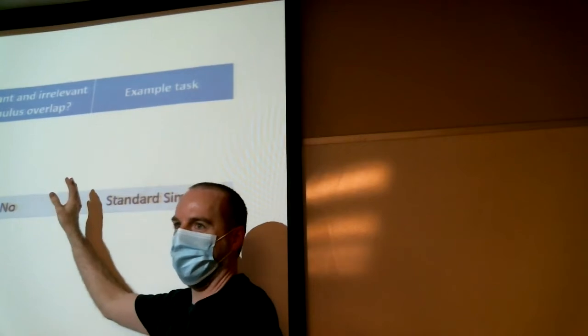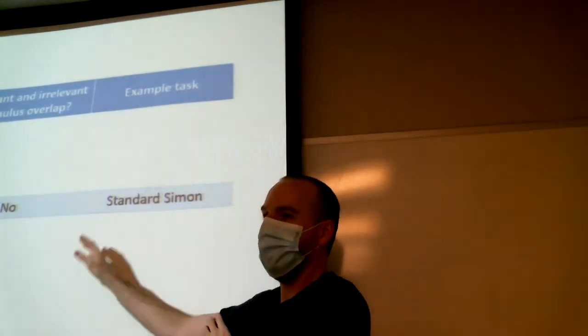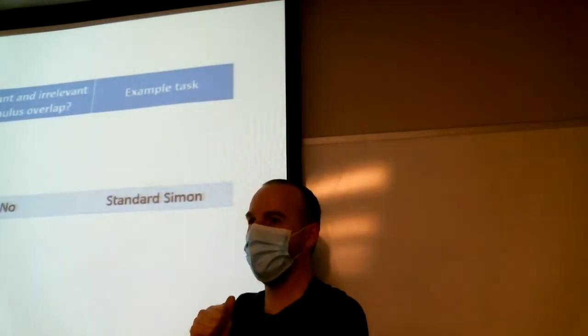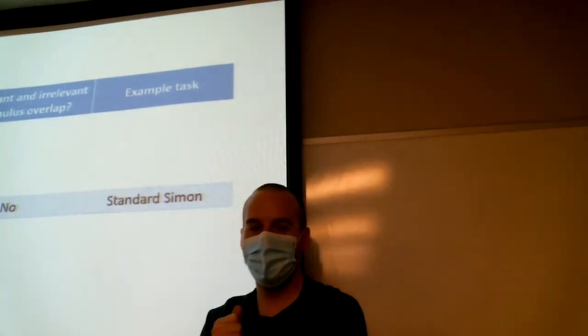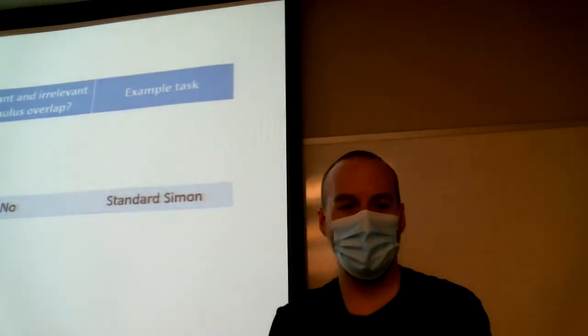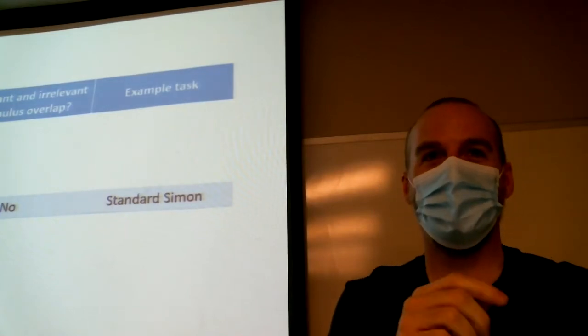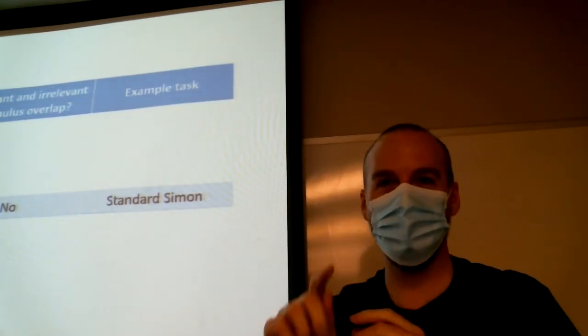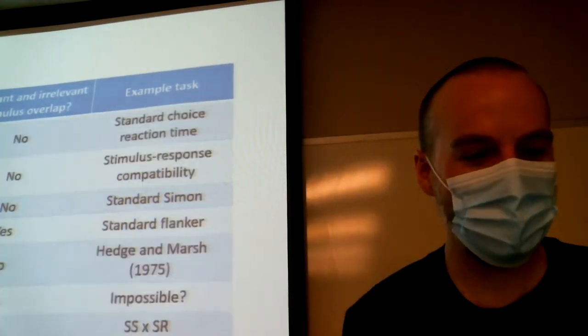So how many different combinations can we have if there are three distinctions and each one is a yes or a no? Eight. Two to the power of three, so two times two times two. So here they are.